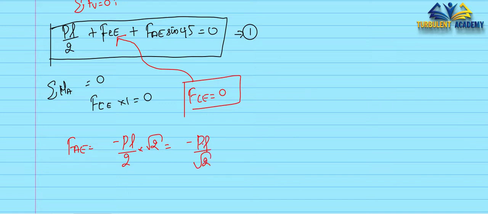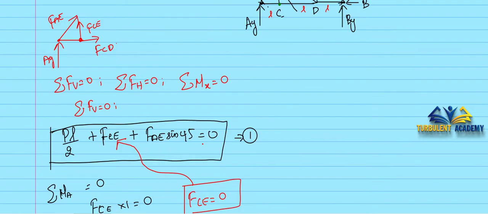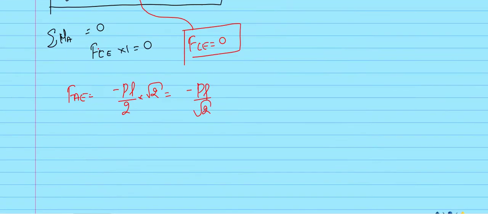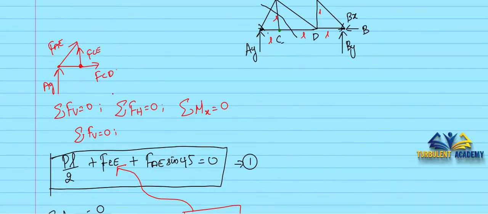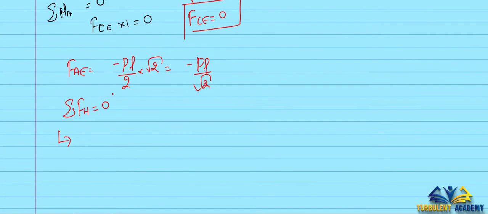Now that we have FAE, we can solve for horizontal forces. Summation of horizontal forces equal to 0: FAE cos 45 degrees plus FCD is equal to 0.